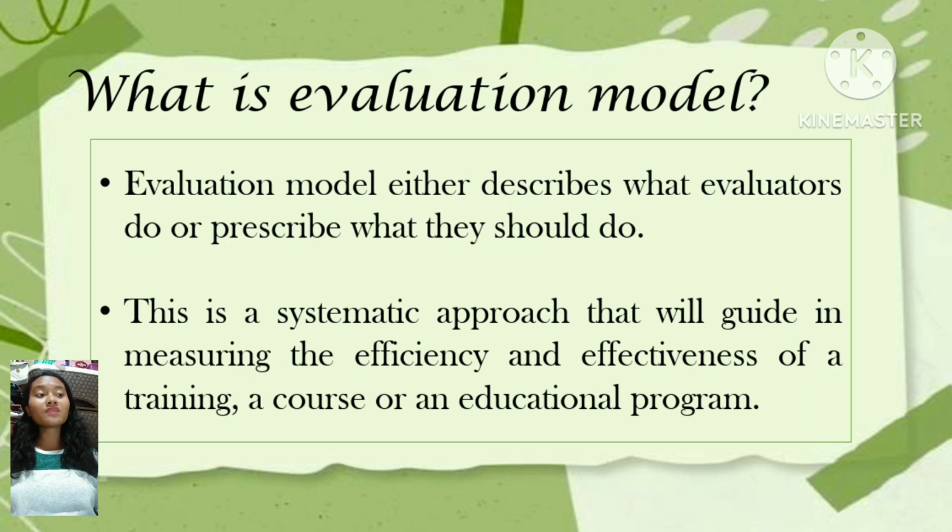It is also a systematic approach that guides in measuring the efficiency and effectiveness of a training, a course, or an educational program. So the bottom line is that evaluation models are useful in measuring the efficiency and effectiveness of something. It could be a program or a training that is implemented in a certain institution.